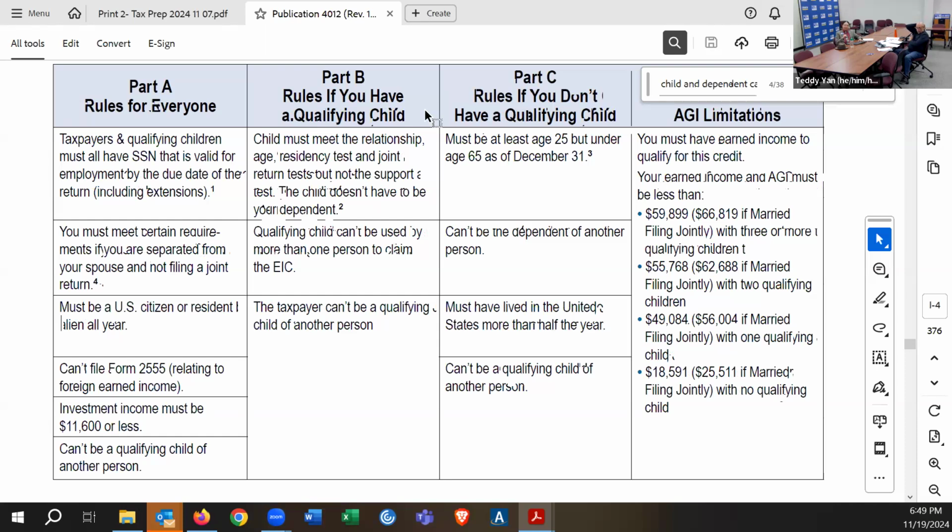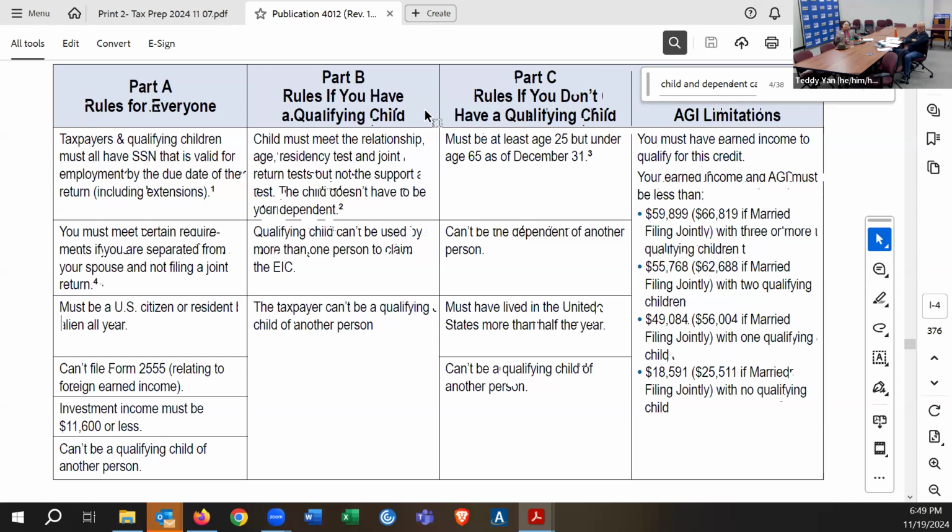And Dottie does not have to be Kat's dependent in order to meet the qualifying child tests. If Dottie meets the qualifying child for EIC tests for more than one person, only one of them can actually claim her. And again, it's emphasizing Kat cannot be the qualifying child for EIC of another person.